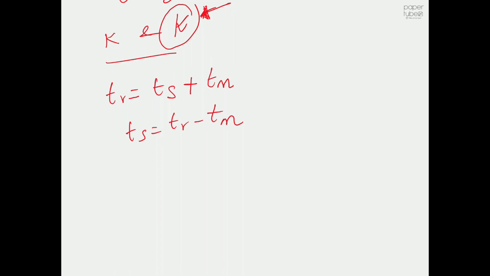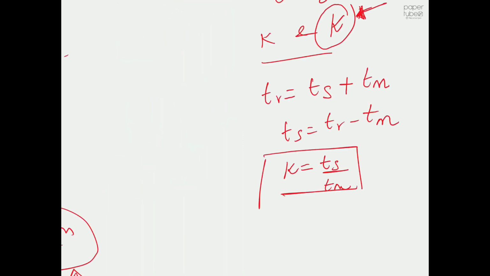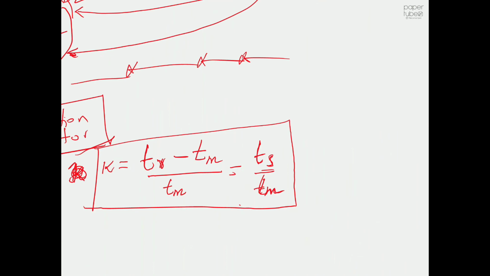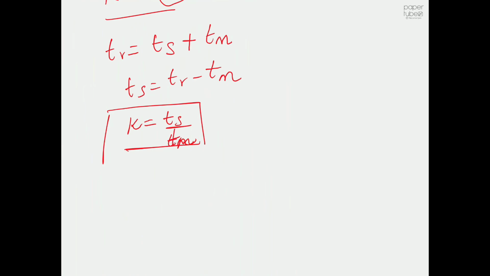And then we know k is equal to Ts divided by Tm. I already calculated this before.